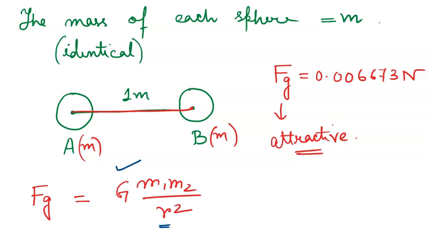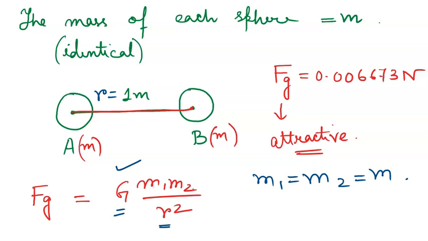And r is the separation between these two bodies. So here r will be equal to 1 meter, and m1 equals m2 equals m because of their same masses.